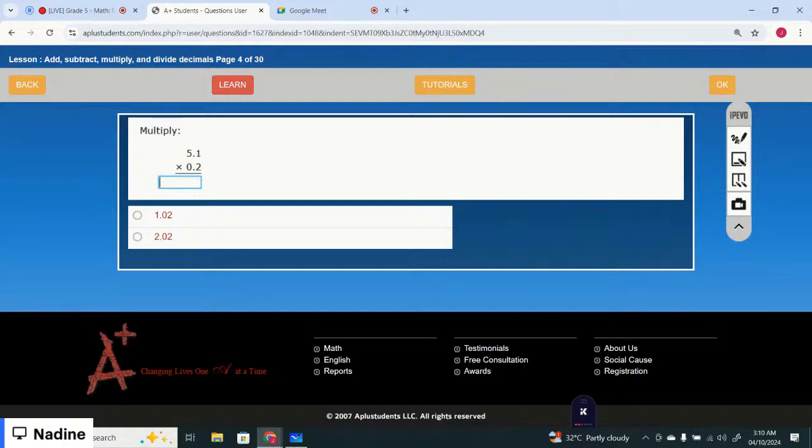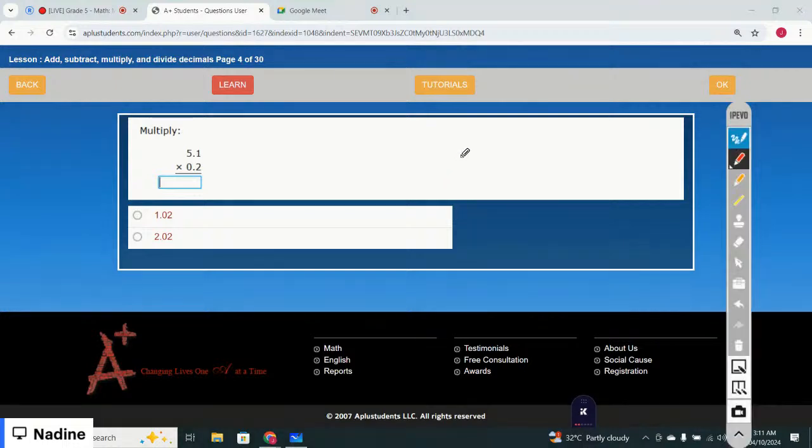5.1 times 0.2. So let's just multiply them without a decimal point. So it would be 51 times 2. So they both have one decimal places. So the answer have two decimal places, right? 2 times 1 is 2. 2 times 5 is 10, right? So you need to move decimal point two places left. Move it from here to here. It would be 1.02.